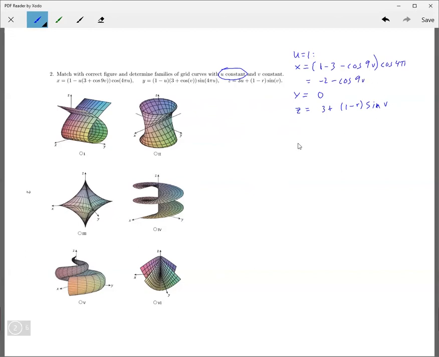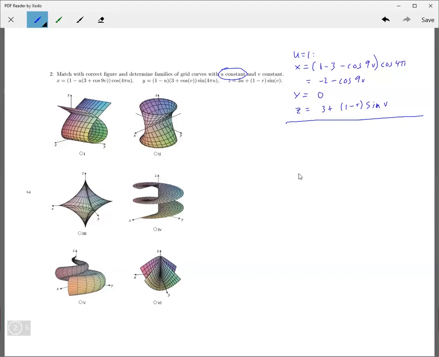Now, maybe we can choose a different value of u. Okay, well, let's try to figure it out. So the options are a vertically oriented circle, a vertical plane, y equals tangent cubed of u, x, what?